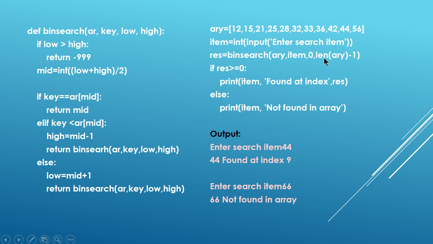So if result is greater than or equal to 0, then the element is present at that particular index. If it is a lesser value, then you say the item is not found. So this is your binary search recursive program, and this is the output.